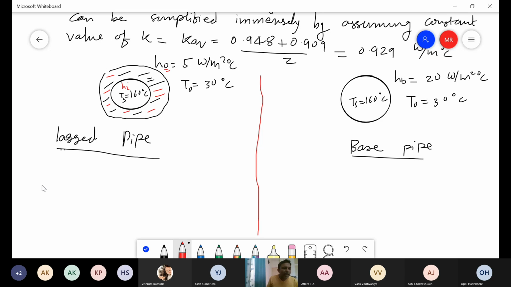Okay, so in this case we can write down the expression for the overall heat transfer coefficient based on the outer surface area. So that can be written directly as 1 by U naught equals 1 by h naught plus r naught ln(r naught by ri) divided by Kc.